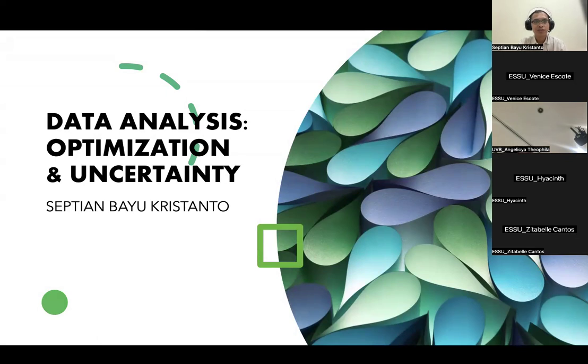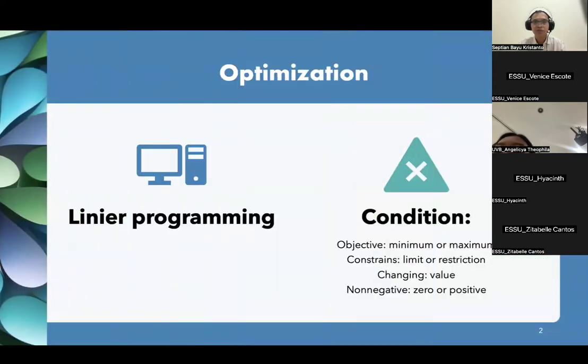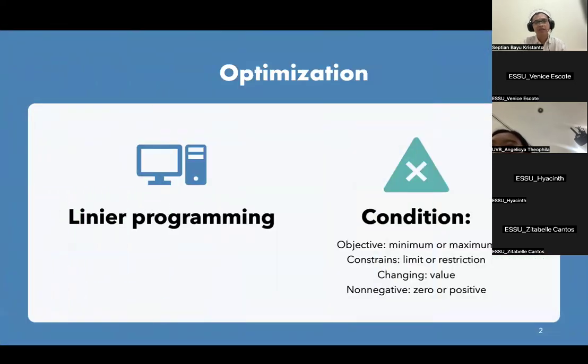We start the data analysis, continuing our last session about the optimizations, and today we will add some conditions for our data. We call it the uncertain factor, or the uncertainty of problems. What we learned today, we still talk about the optimizations, under circumstances of linear programming.